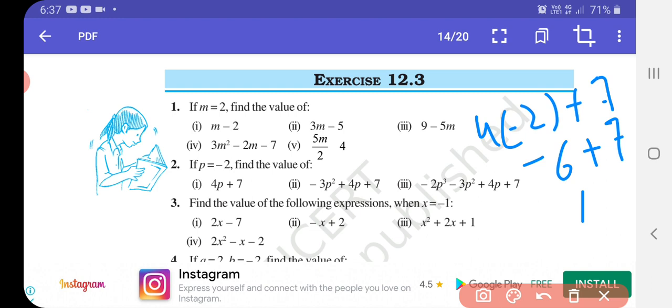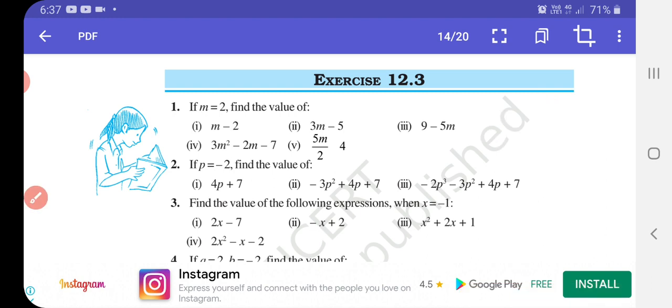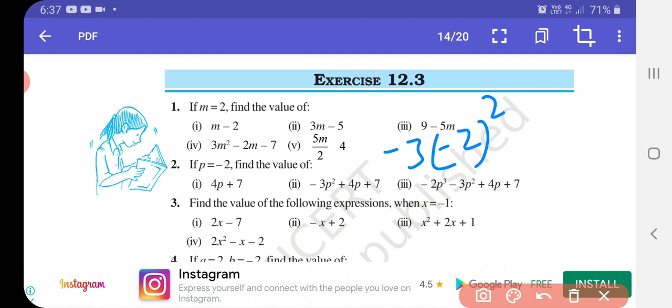Question number 2, the second one I will do for you. That is minus 3p square plus 4p plus 7. Minus 3 into p square means minus 2 square, plus 4p, 4 into minus 2, plus 7.